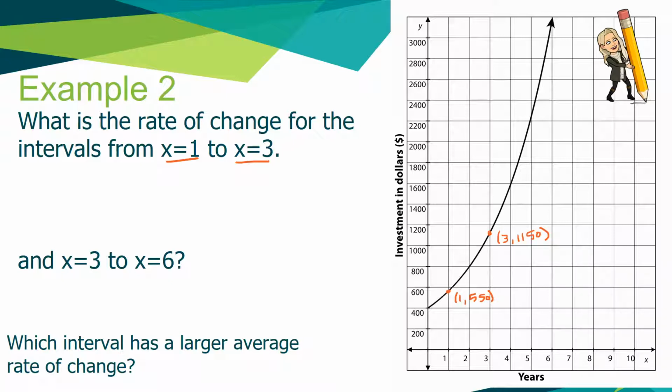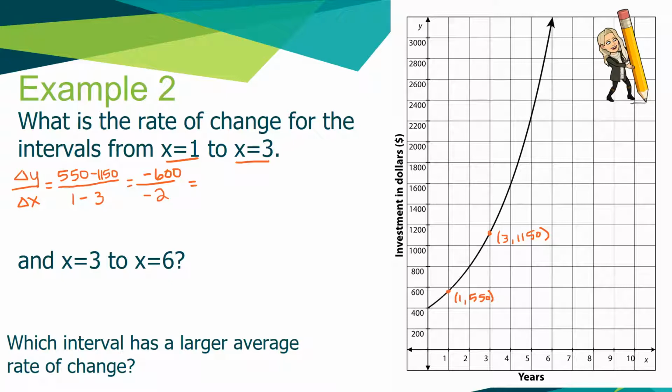Now I need to find the rate of change for this interval from x is 1 all the way to x equals 3. So again, we're going to use that formula, change in y over change in x. The change in y, if I do my start point, would be 550 minus 1,150 over 1 minus 3. So 550 minus 1,150 is a negative 600, and 1 minus 3 is a negative 2.